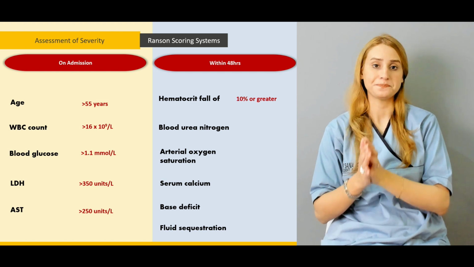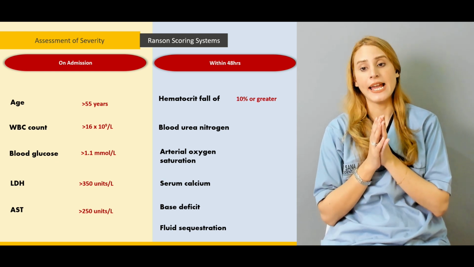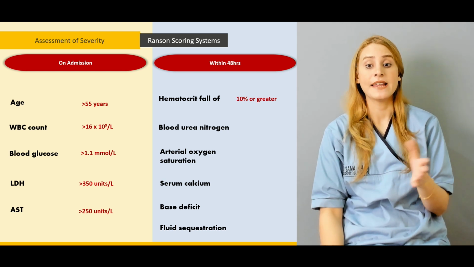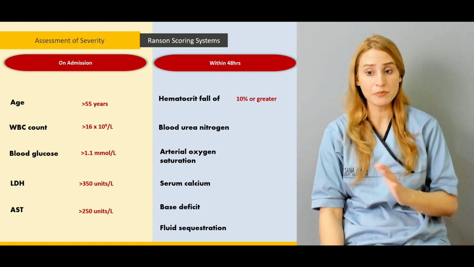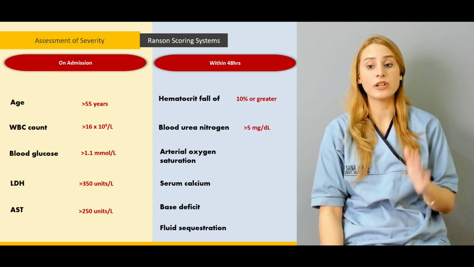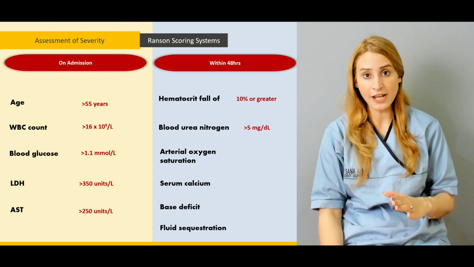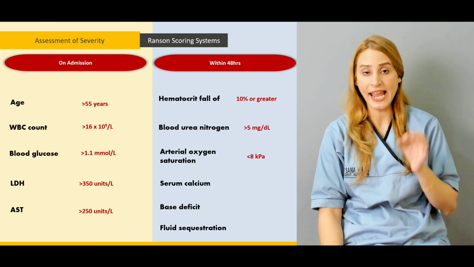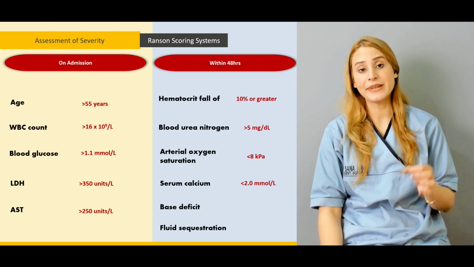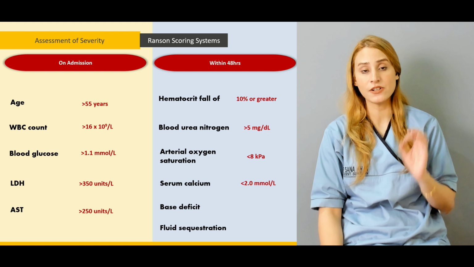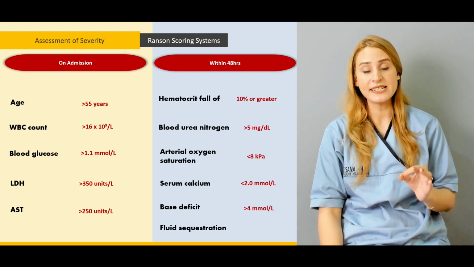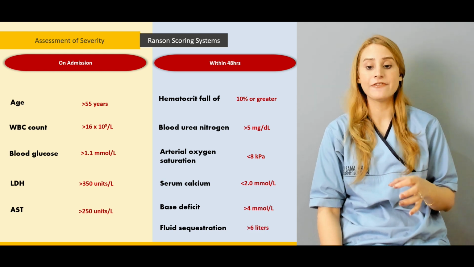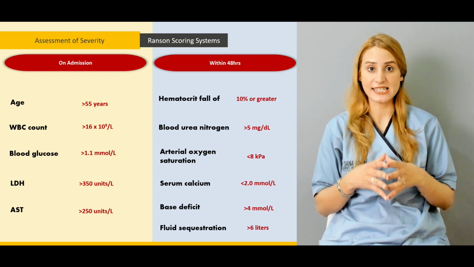But after the 48 hours you're again going to calculate: hematocrit fall of 10% or greater, blood urea nitrogen greater than 5 milligram per deciliter, arterial oxygen saturation less than 8 kilopascals, serum calcium levels less than 2.0 millimole per liter, base deficit greater than 4 millimole per liter, and fluid sequestration greater than 6 liters.